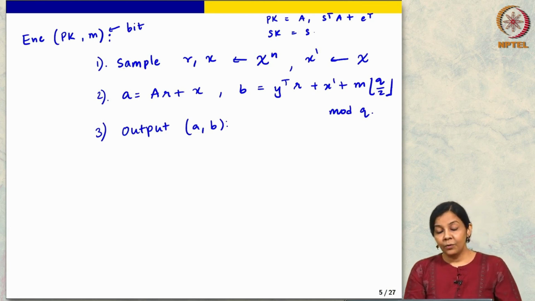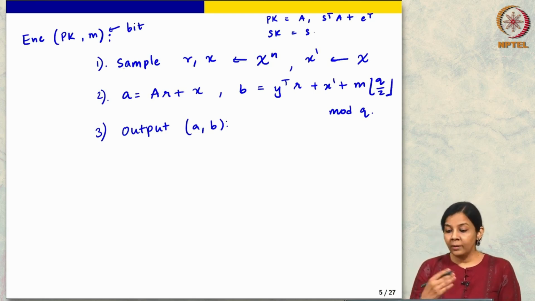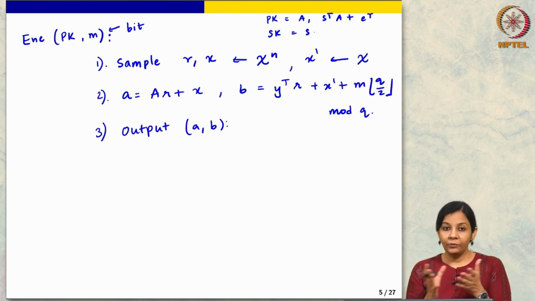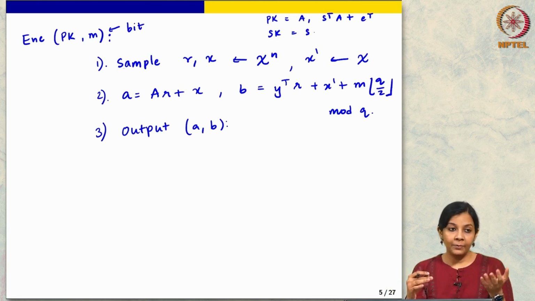Alright. So, what did we do? We generated more LWE samples. Our public key was already an LWE instance, right? The secret key was the LWE secret, no prizes for guessing that. The ciphertext is LWE samples generated with respect to the public key.